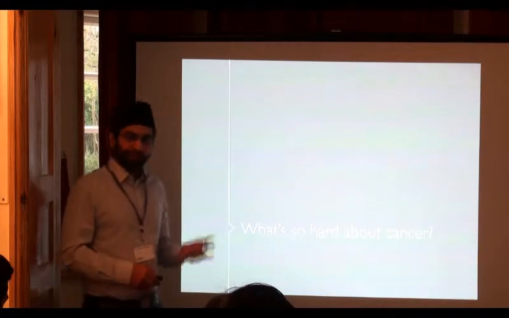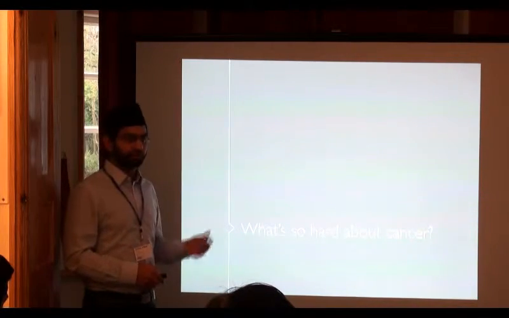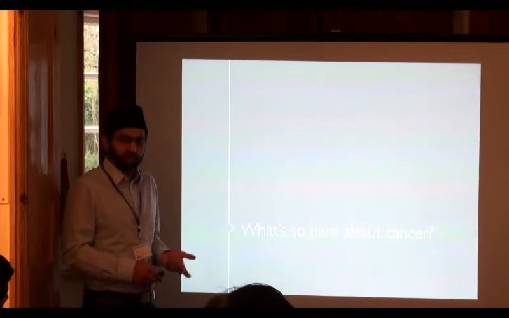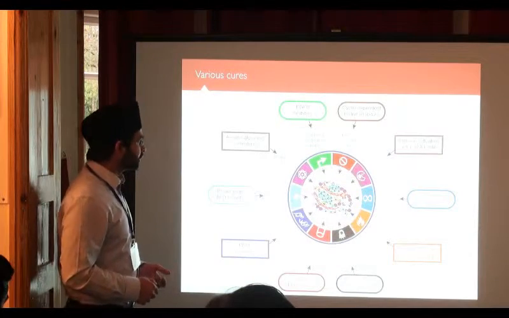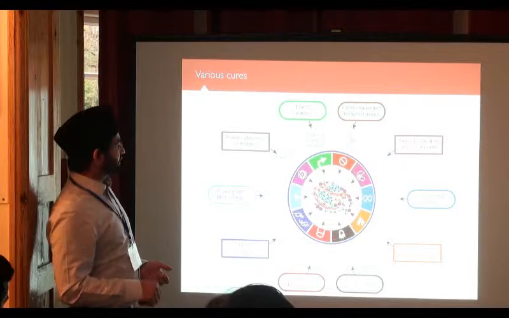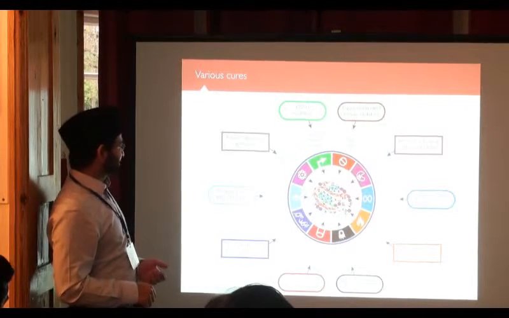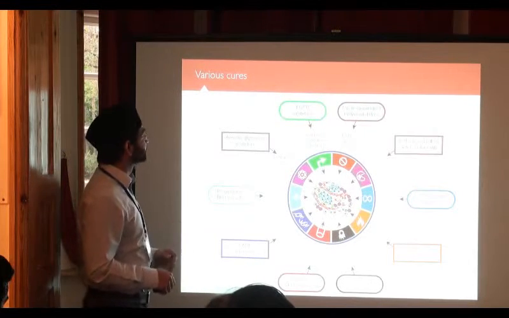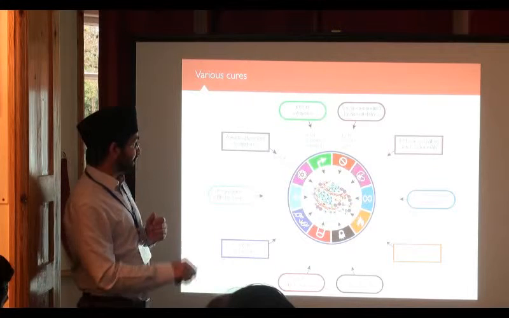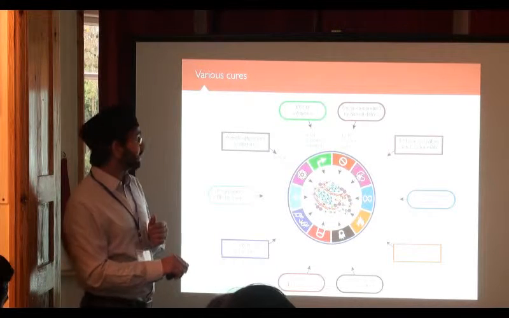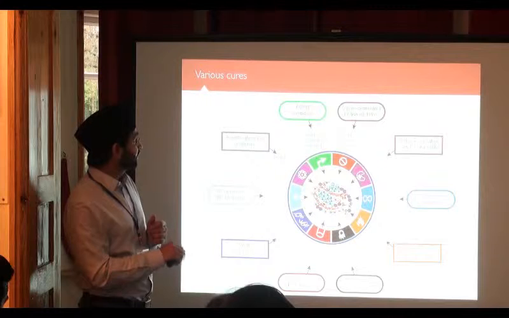But in addition to all these things that I talked about, that we have cured a lot of these, why is it so hard? Going back to that picture I had up earlier, which is a slightly more advanced version, for many of these things we have found different things that cure them.